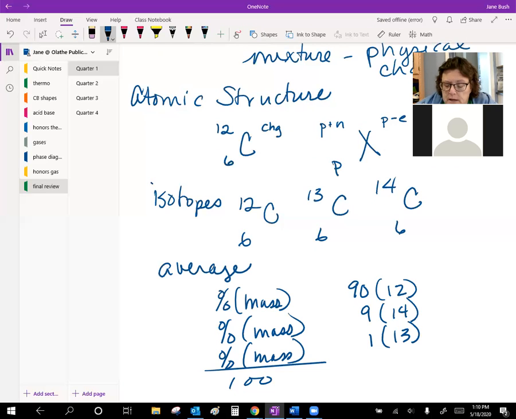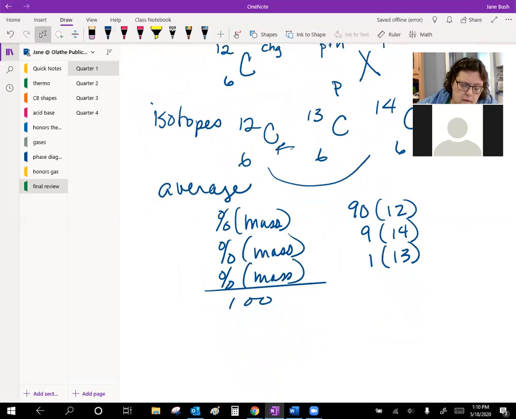So you would do the multiplication of all those, add them up, divide by 100. And your answer should be somewhere between 12 and 14, and it's going to be closer to 12 because that's the predominant isotope. Okay, does that make sense? Hopefully.